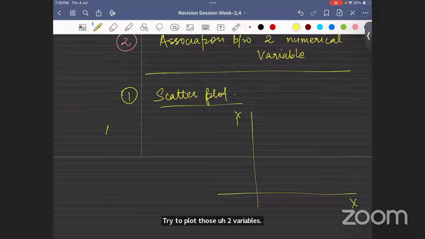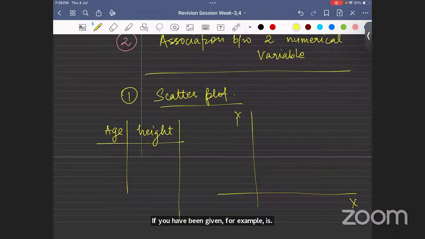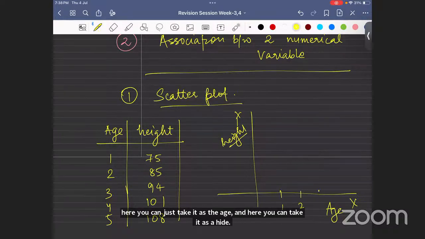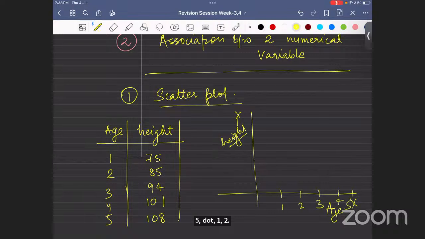For example, with age and height: age is 1, 2, 3, 4, 5, and height is 75, 85, 95, 105, and 110 or 115. You can just plot it as it is.